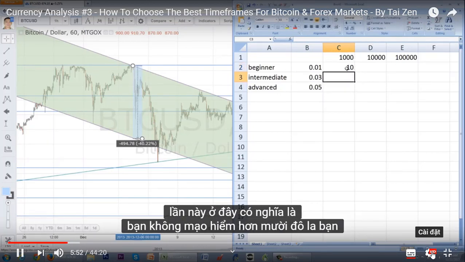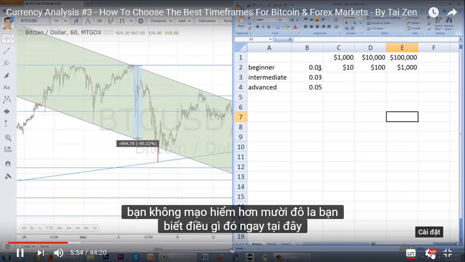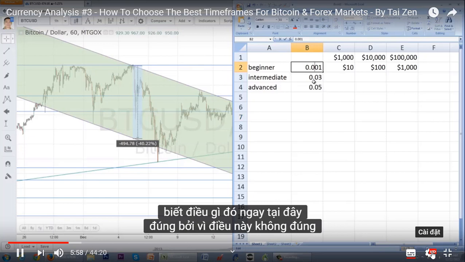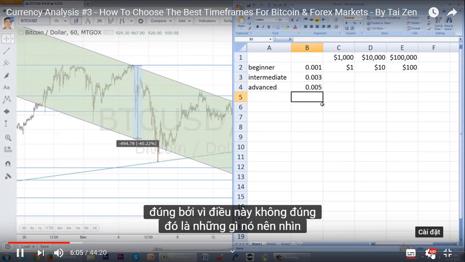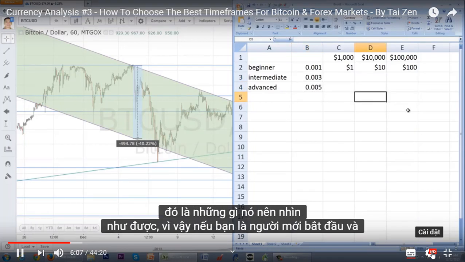That means that you don't risk more than $10. Something isn't right here. The math isn't right because this isn't right. Right there, that's what it should look like.